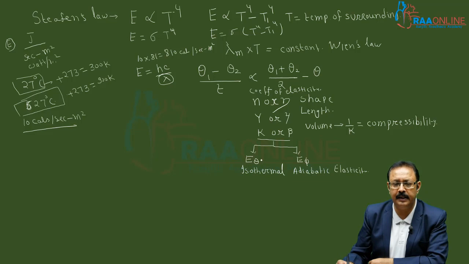Isothermal elasticity is equal to the initial pressure of the gas, and adiabatic elasticity is gamma times the initial pressure. Gamma is the ratio of the two specific heats, which you can calculate by 1 plus 2 by n, where n is the degree of freedom.